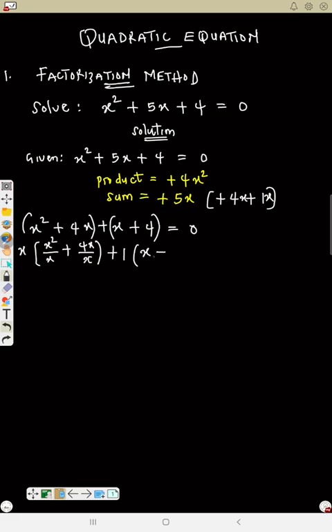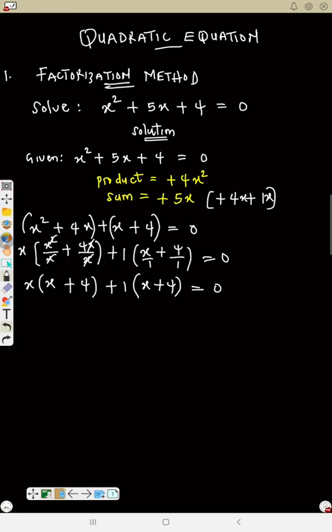Then this will be x over 1 plus 4 over 1 equals 0, because I said any number that is common, divide by that number. Later, if you understand this better, you can ignore this part. But let's proceed. So now x, so this one will cancel out, it remains x, plus this one will go plus 4, then plus 1, then this is x plus 4 equals 0.